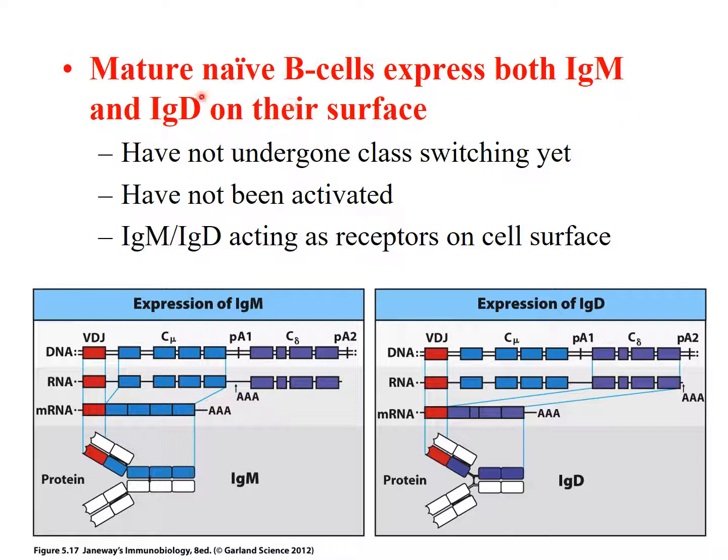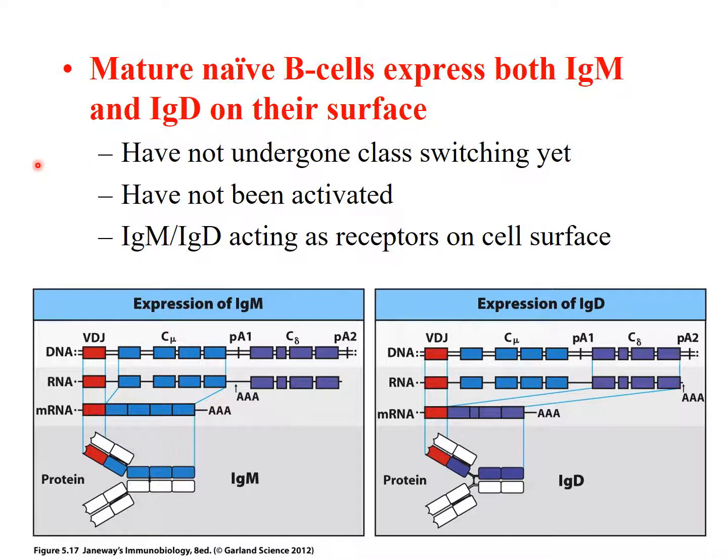Mature, naive B cells. So these are matured. They have left the bone marrow, circulated through the blood, and are now in a lymph node, waiting. They express high levels of IgM and, to a certain degree, IgD. The cell has not been activated and matured to become a plasma cell, so it hasn't gone through any class switching as of yet.